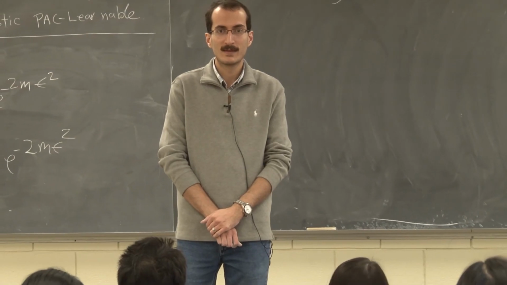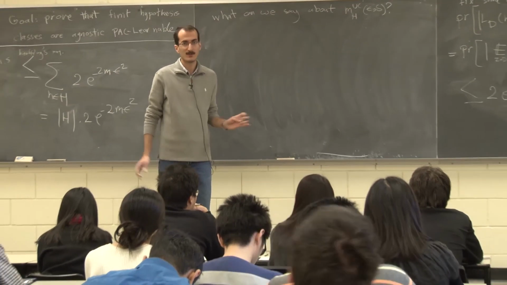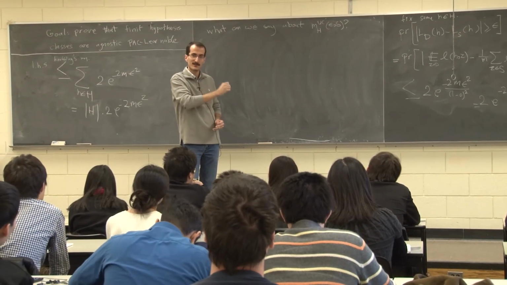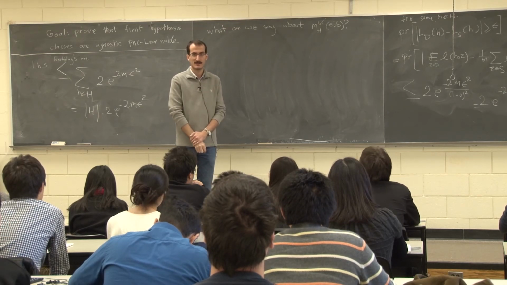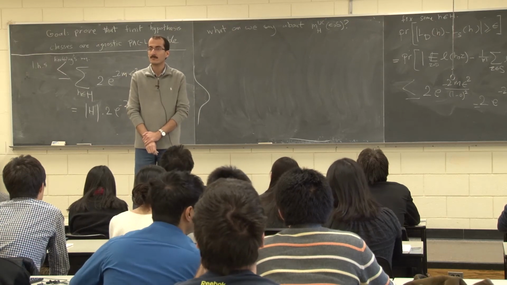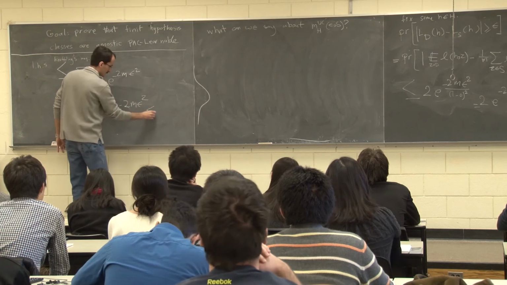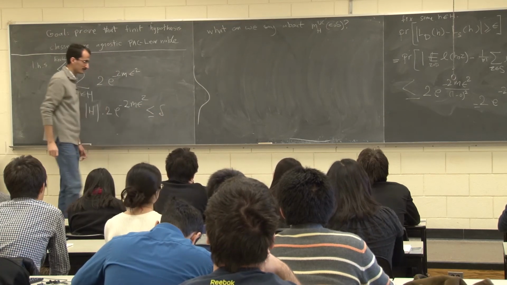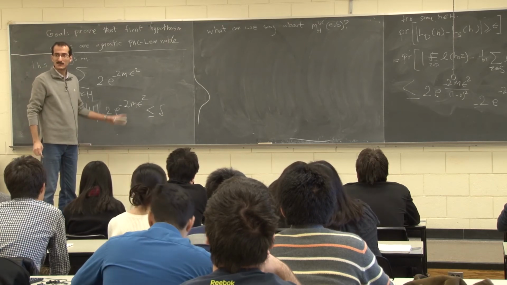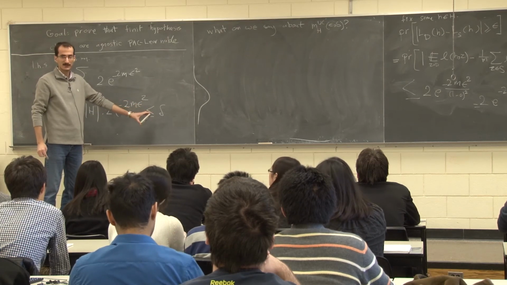But what is the first inequality that I write? You write less than or equal to delta, and 1 minus delta is the probability of success. So that's the probability of failing.